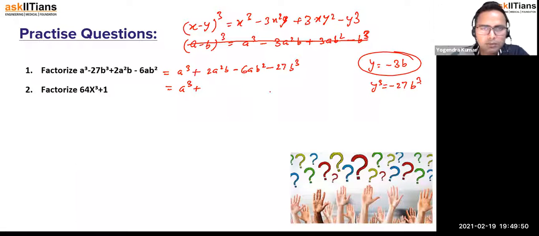If I have minus 3b cube, that is what I have. So what do we need to have here? 3 times a and 3 times a and what here?